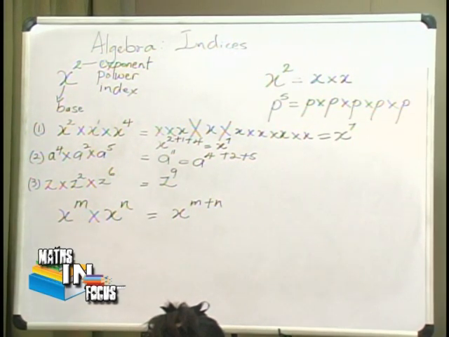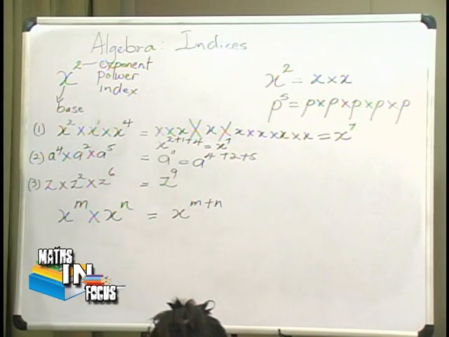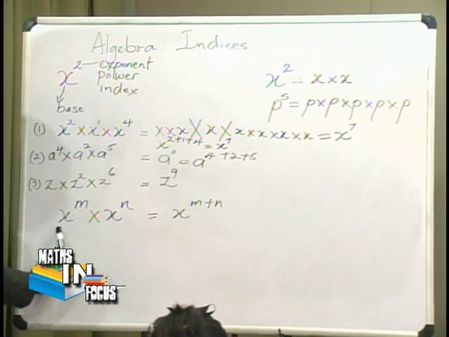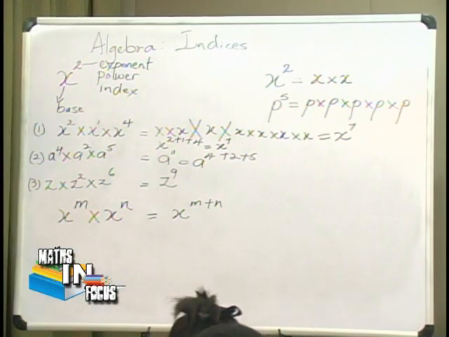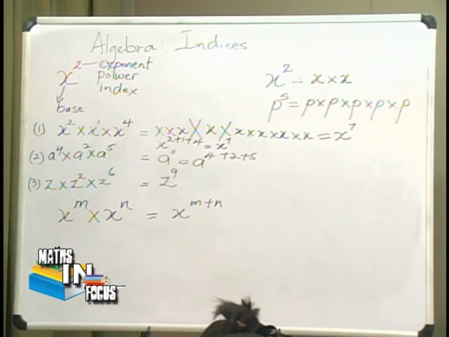When the bases are the same, you add the power. Yes, when the bases are the same and you're multiplying, you add the powers. That's key. Okay? And this represents that. So take your third little generalization or rule down.